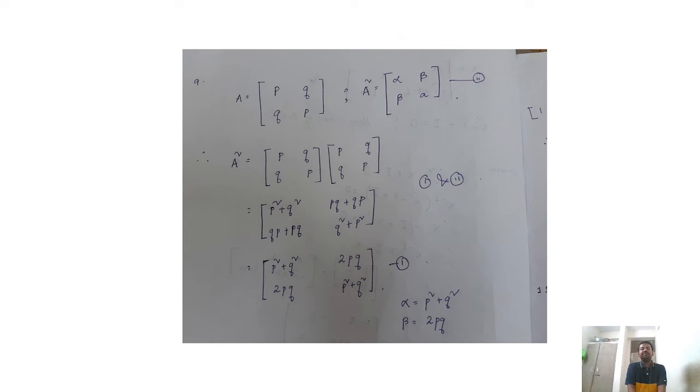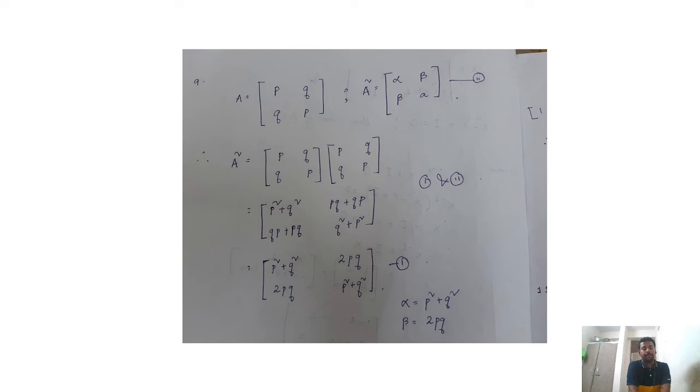Equality of matrices means if two matrices are equal, each of the components should also be equal. So the first element of A square in equation 1, which is P square plus Q square, is equal to the first component of A square in equation number 2, which is alpha. So we get alpha equals P square plus Q square.